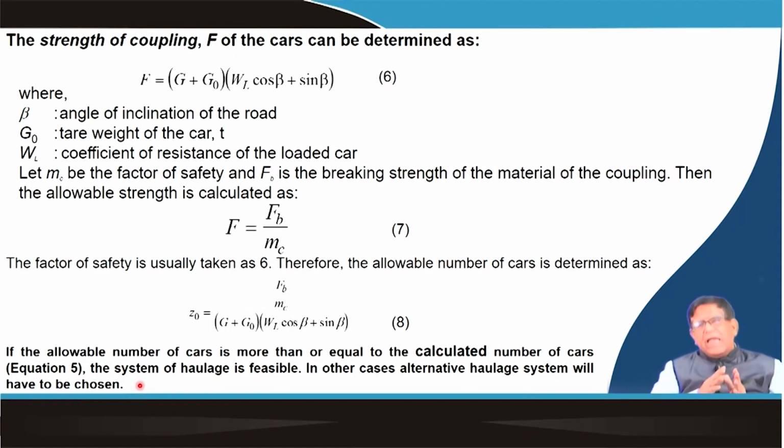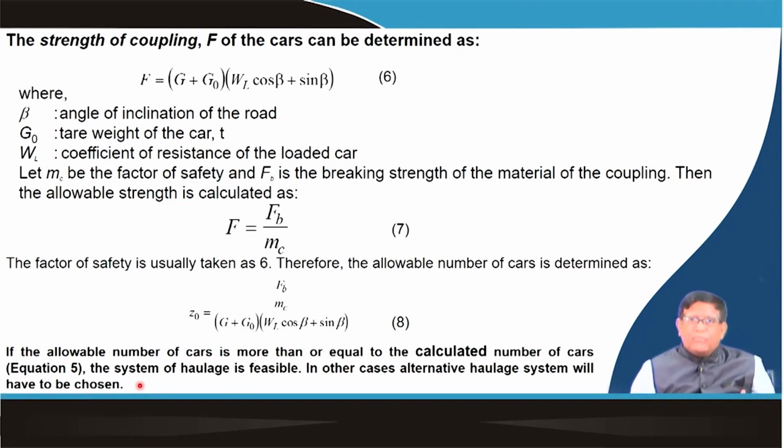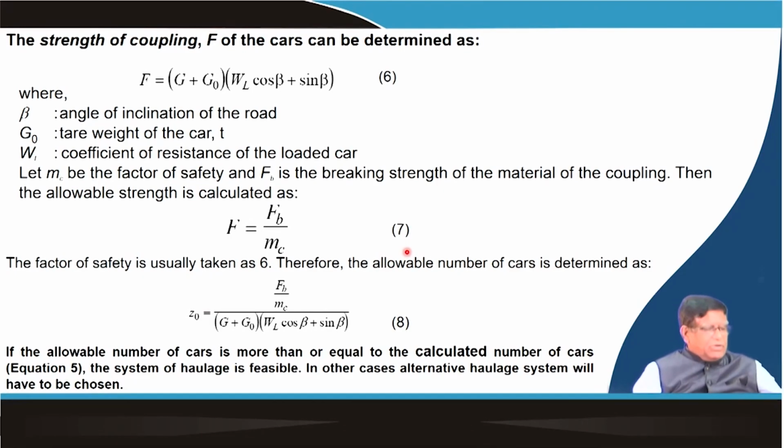If we now require an underground mine to produce 2 or 3 million tons of coal per year, this type of system will not work because of this failure. Then we will have to go for a conveyor belt, or other types of railways, which have come now, as I was telling you the other day.